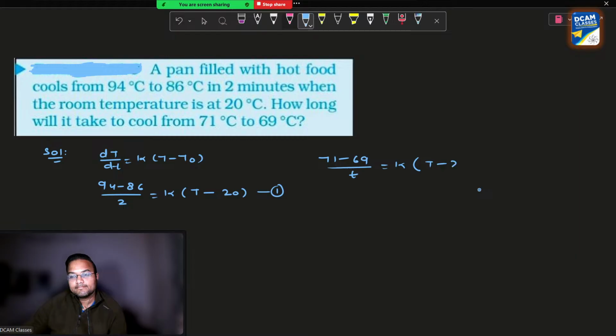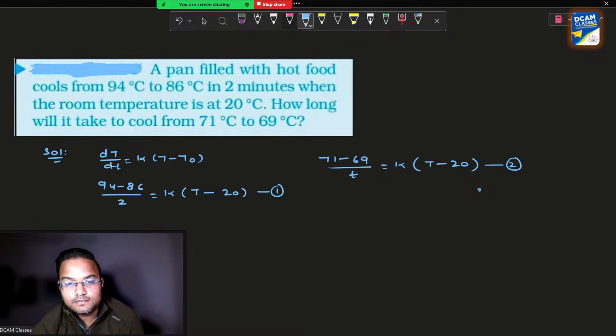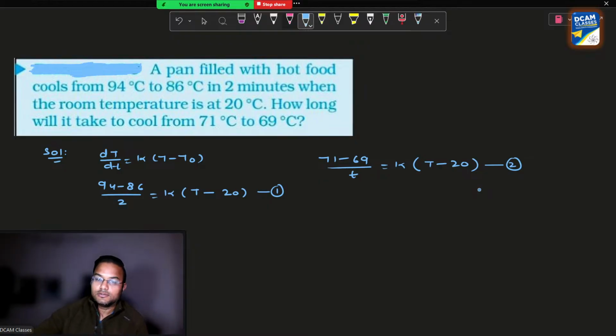So you could have taken 90 minus 20 mostly. Why? Sir, average of 94 and 86. Acha, that you are saying. Then what will you do? Then you will find the value of k and substitute k in equation 2. Like that also you can do. Correct.